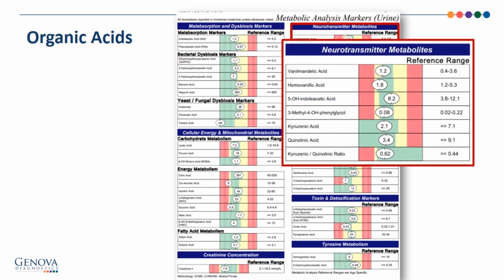We spoke earlier about the various pathways involved in the neurotransmitter metabolites. I would point out, though, that tryptophan does make kynurenic acid in stressful situations like high cortisol or inflammation. But the key is, does kynurenic acid convert into quinolinic acid, here at 3.4.